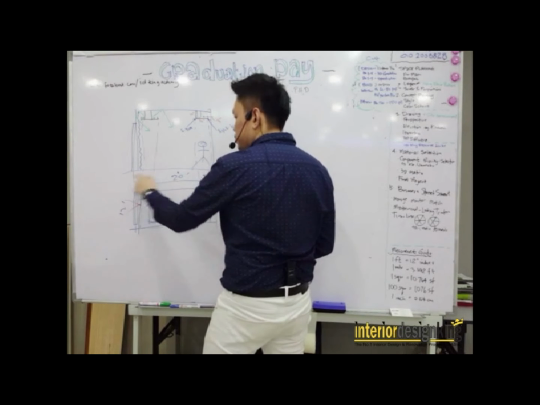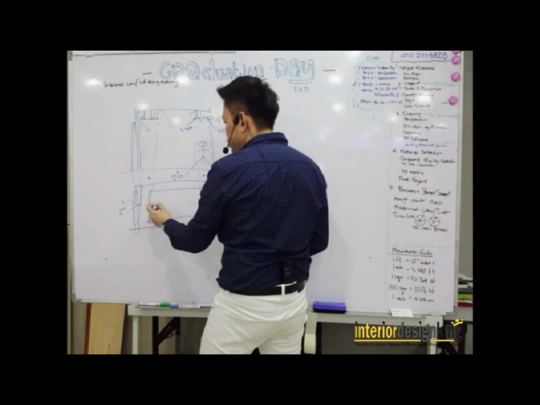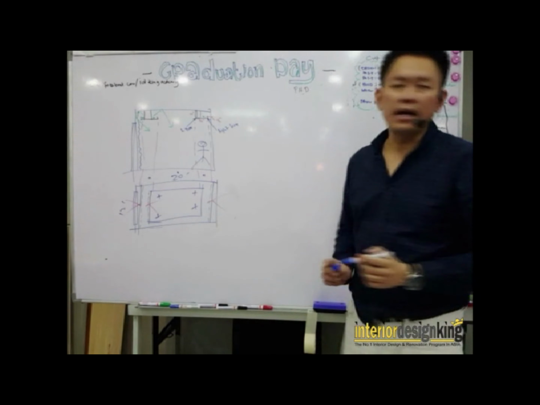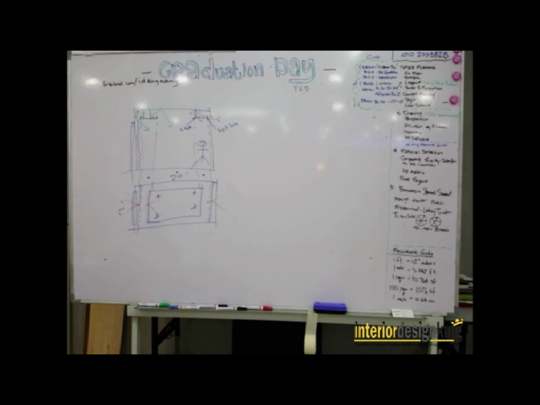Right? Then the lights should be here, here, here, and here. So that is how you do the lighting. Get what I mean? So that is how you do the planning for the ceiling.